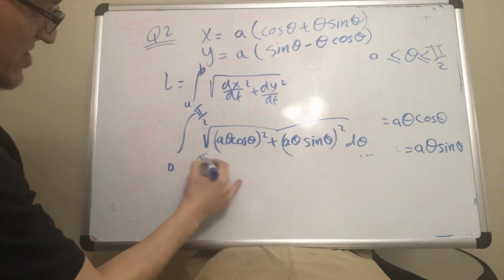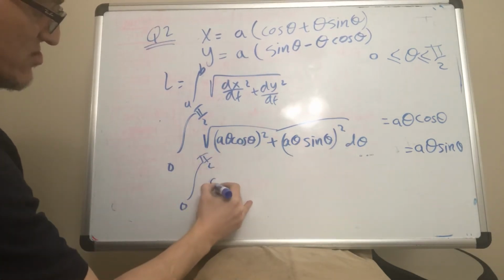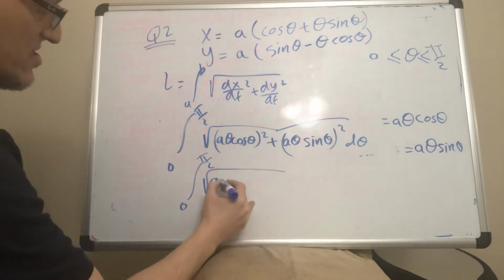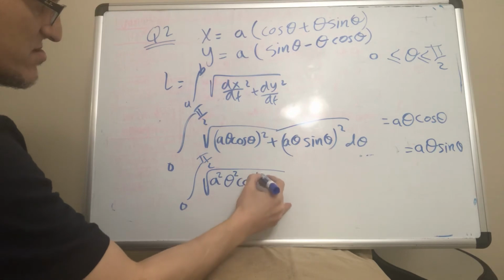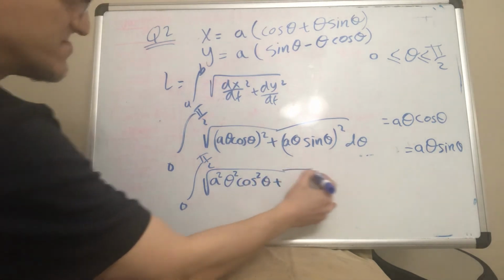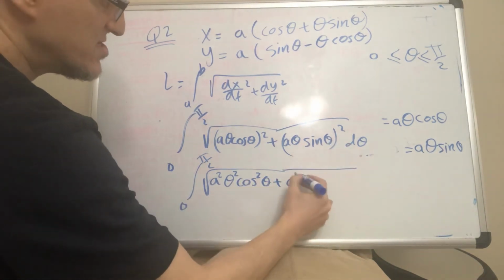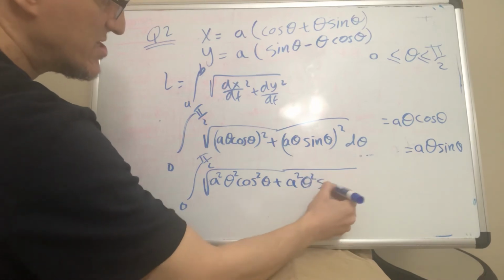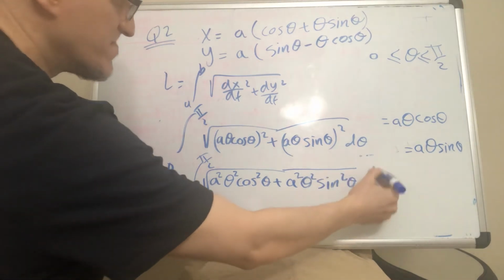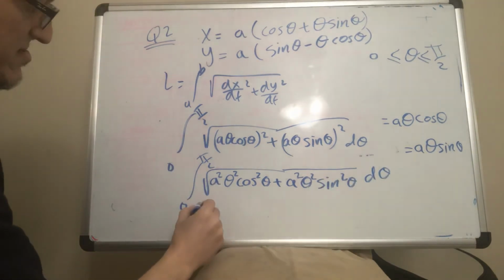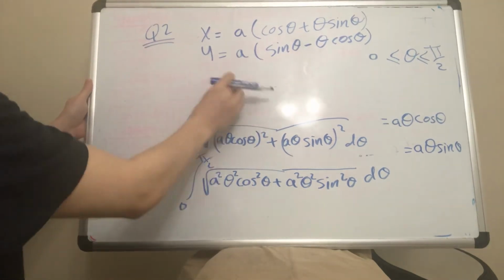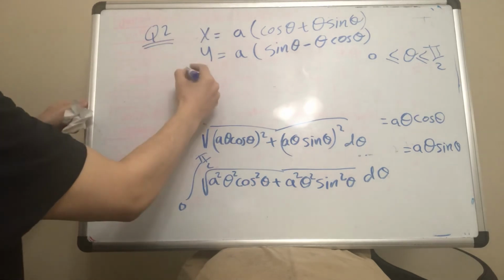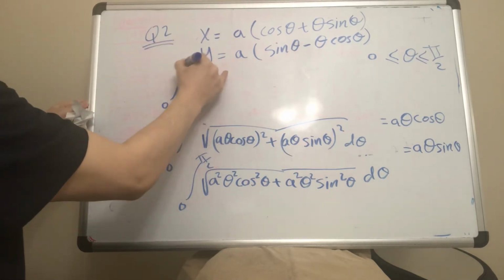You square this, it would be a squared theta squared cosine squared. You square this, it would be a squared theta squared sine squared.